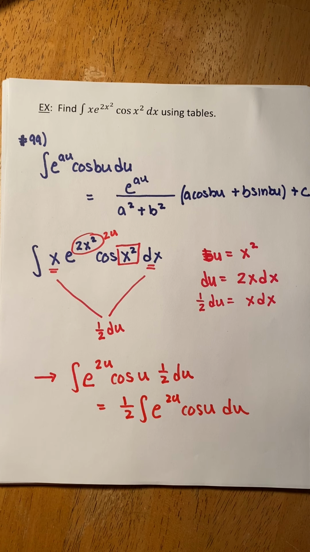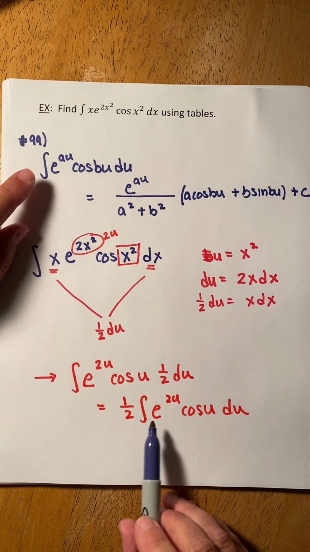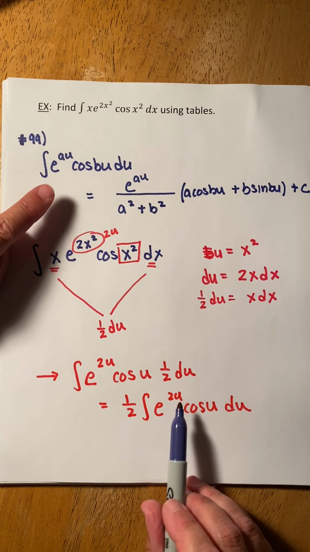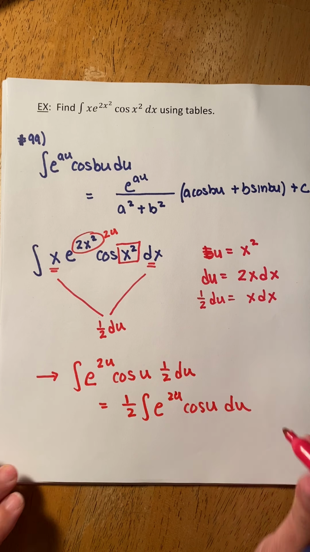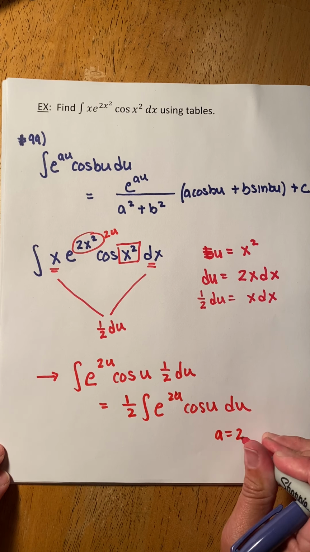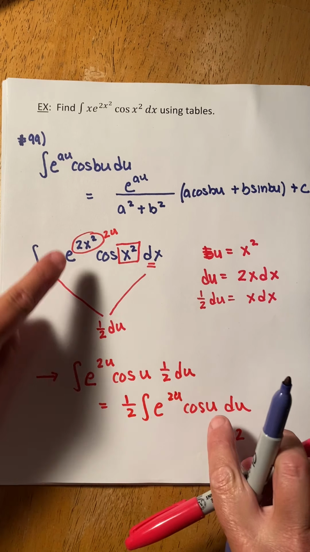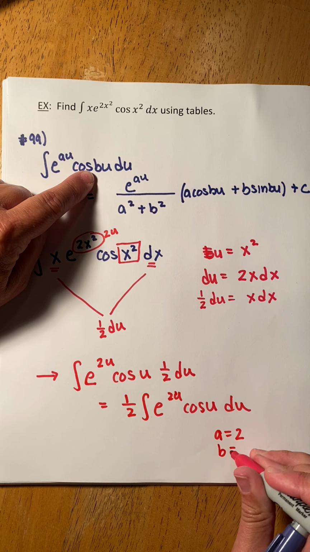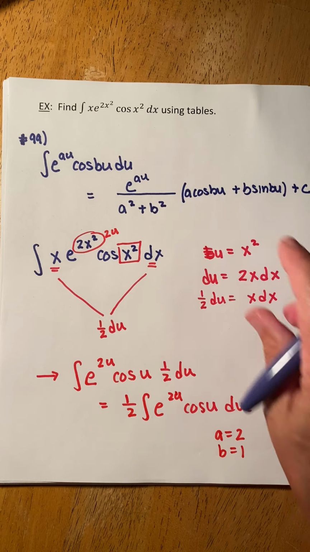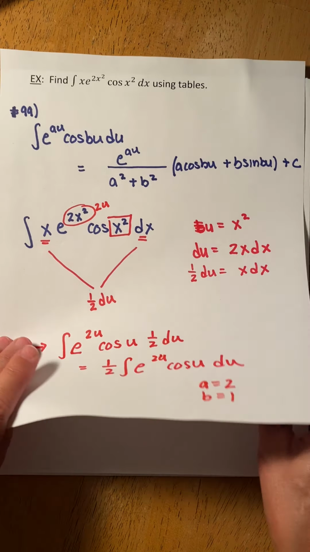Now that looks just like that template. So the 1/2 is just going to go along for the ride, so e to the 2u, so a is equal to 2. Here we have just the cosine of u, so b is equal to 1. So now we can use this template and stick it all in.